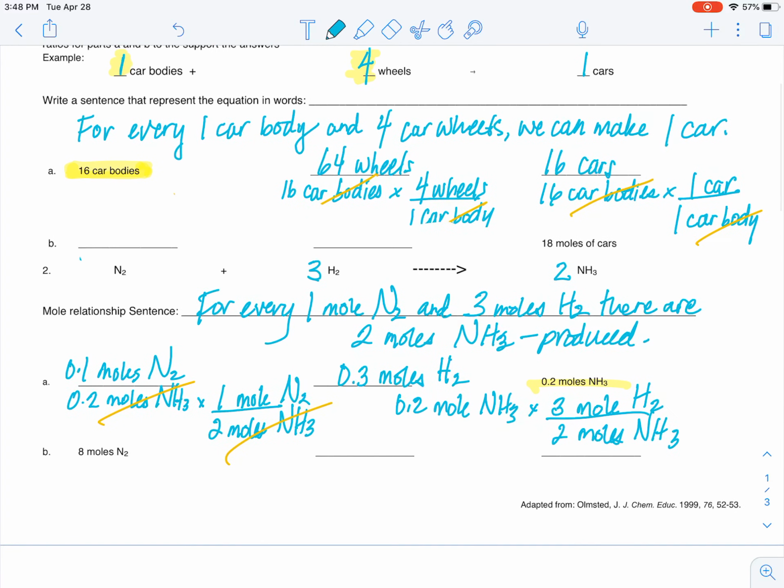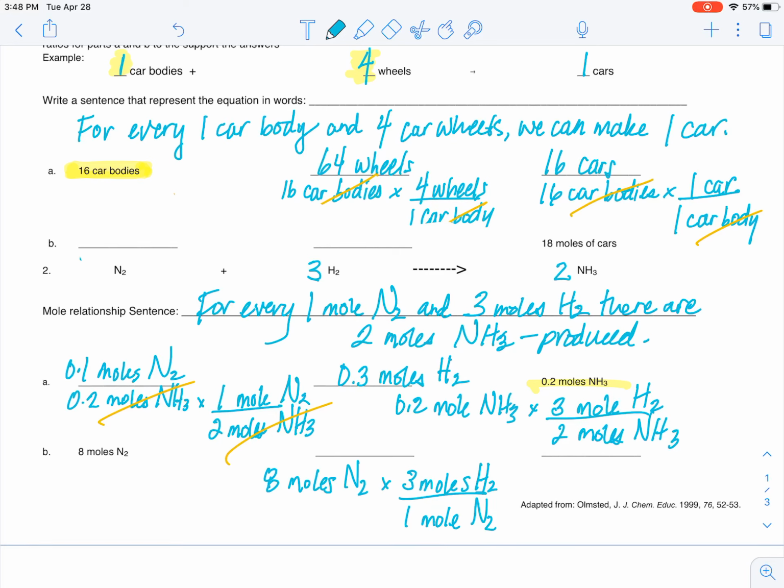Okay, I'm going to do one more and then I'm going to let you guys finish this up for homework. Let's say instead of 0.2 moles of ammonia, we are given 8 moles of nitrogen and asked to convert to moles of hydrogen and then moles of ammonia. So we're going to start with 8 moles of nitrogen. I know for every 1 mole of nitrogen, I need 3 moles of hydrogen gas.